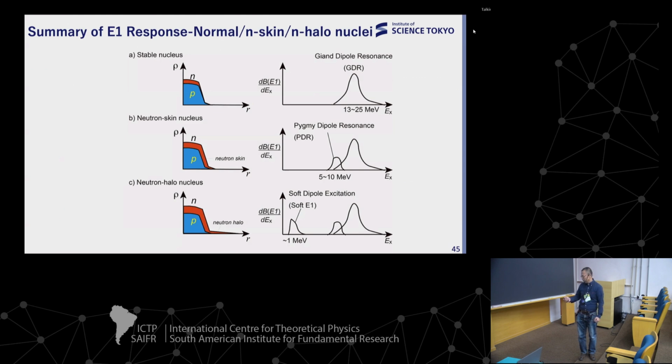Well, anyway, we don't know how this is correlated, so we cannot say easily. But for instance, in the case of helium-8 or boron-19, I think this is not the case anyway.